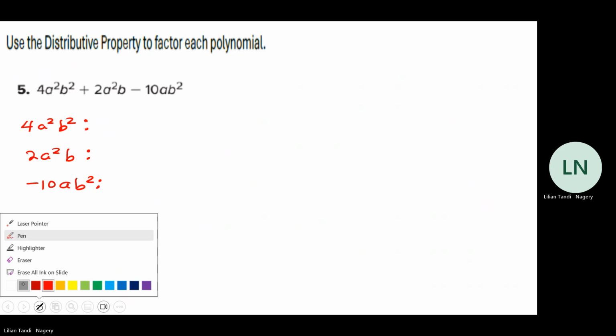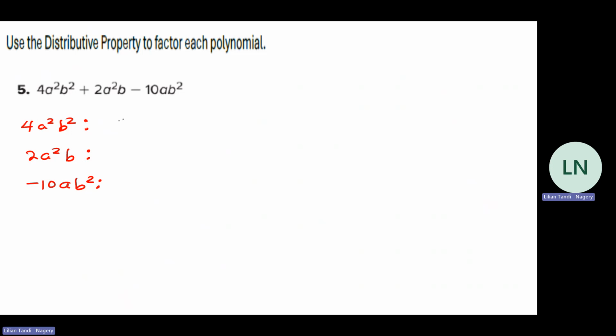Okay? Here we have 3 terms, so we're going to do it 3 times. So we're going to have 4a squared b squared, 2a squared b, negative 10ab squared. All right. This is going to be 2 times 2 times a times a times b times b. 2 times a times a times b.